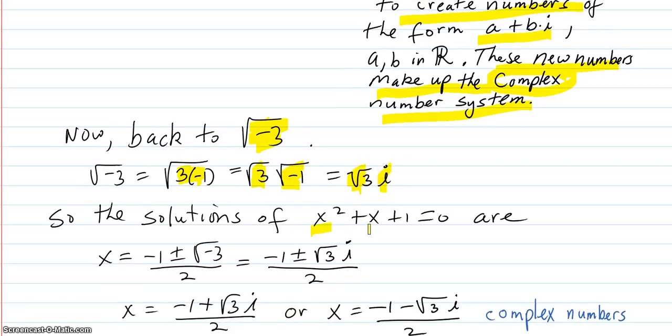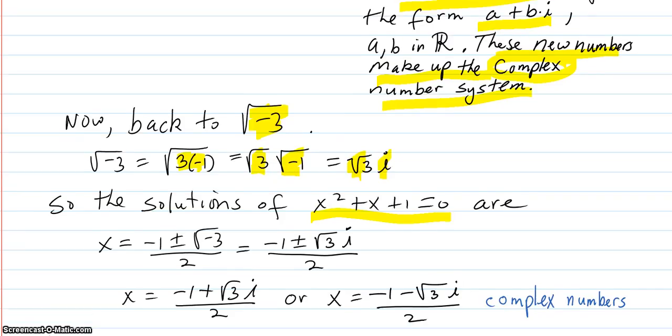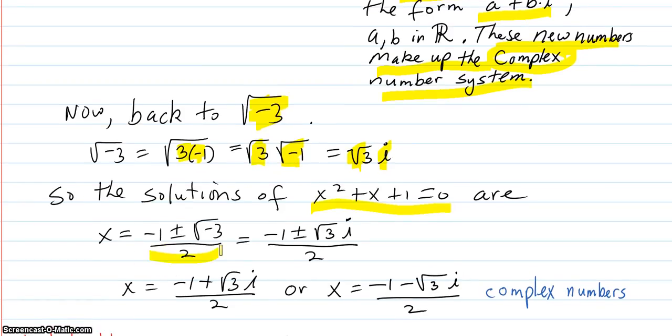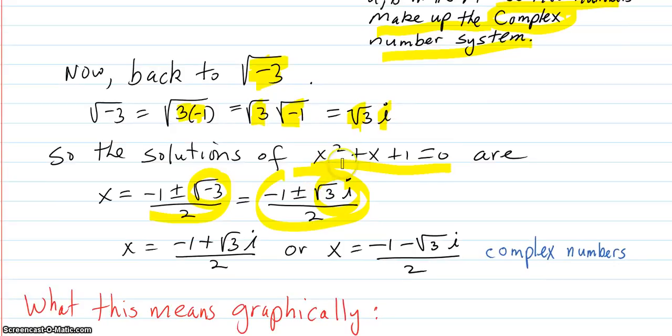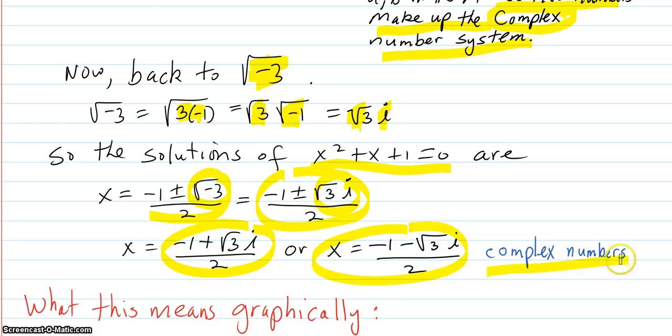So the solutions of this innocent equation turned into this: square root of -3 was square root of 3i, all over 2. So the two roots of the function x squared plus x plus 1 are this one and this one. But these are complex numbers. They are not in the real number system. So what does this mean graphically?